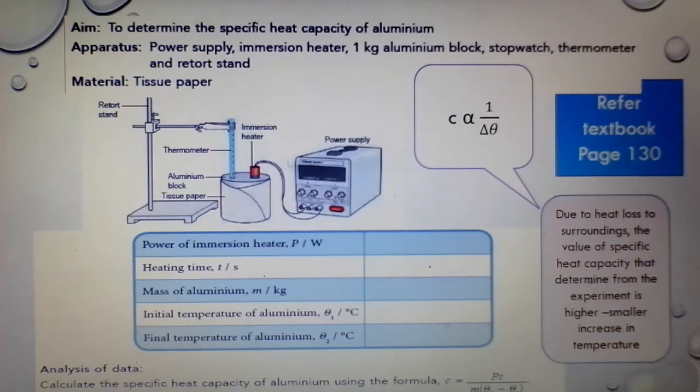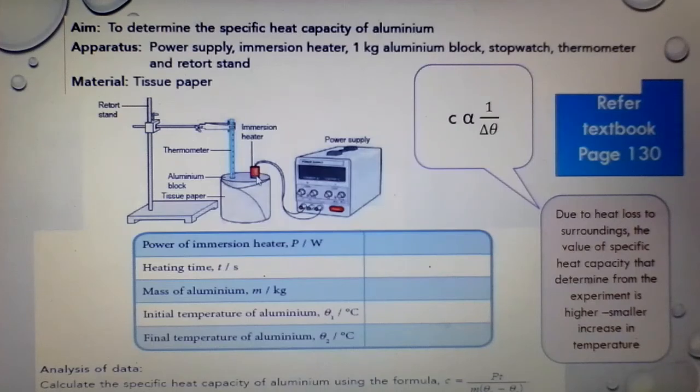Okay, the second activity is to determine specific heat capacity of aluminium. So apparatus and material needed: power supply, immersion heater, 1 kilogram of aluminium block, stopwatch, thermometer and retort stand, tissue paper. Now we use aluminium block, 1 kg. The aluminium block has two holes here, one to insert the immersion heater and another one for the thermometer.